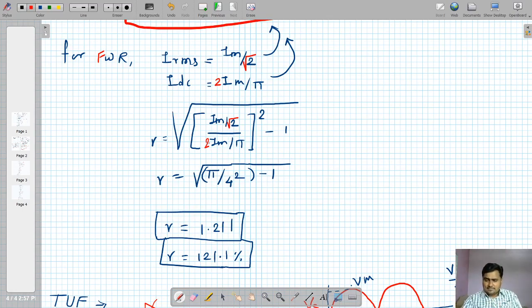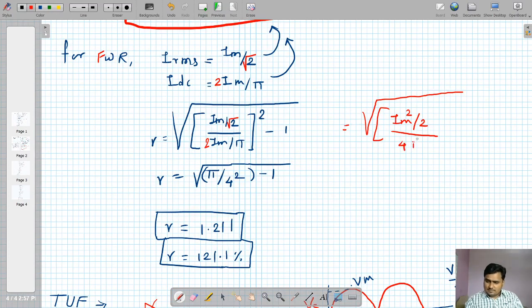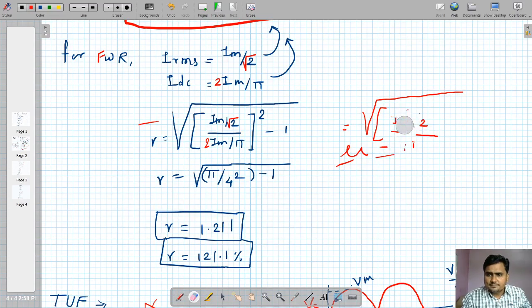Then Im square divided by 2, divided by 4. Sorry, at the last stage we got stuck somewhere. I'm sorry, it's not working properly. Let me check what happened.